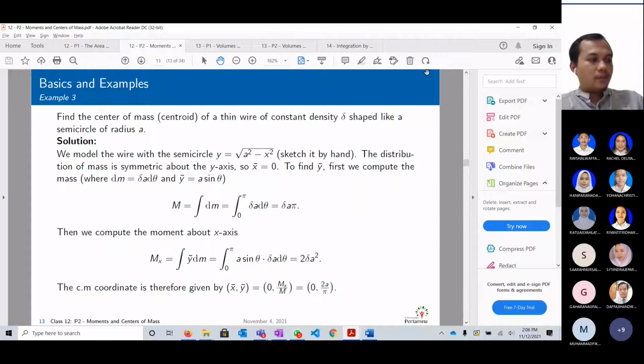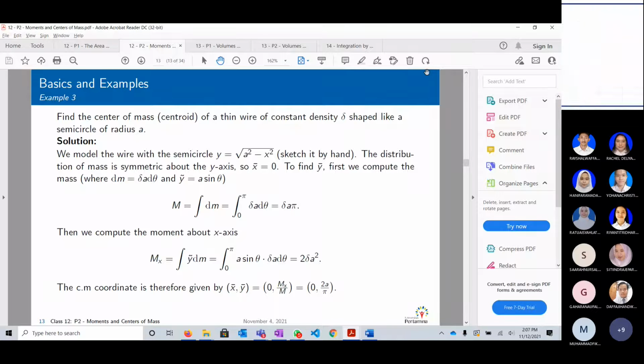What we learned in the morning is, let's say we have a thin plate. A thin plate could be a paper, for example. We have shown how to compute the center of mass of this thin plate.